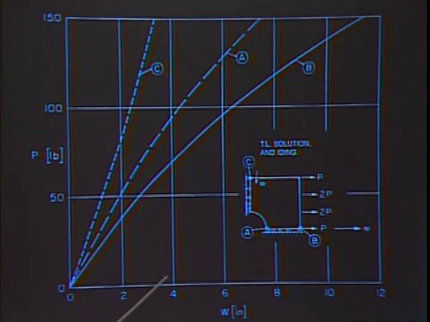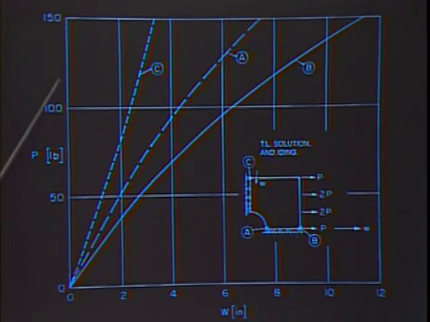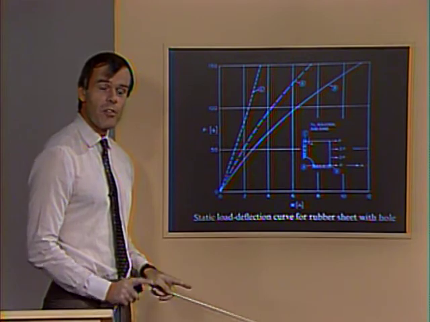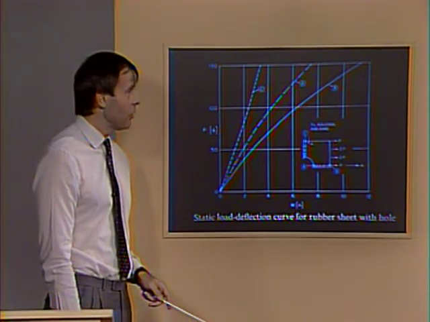Notice the very large displacements, W here, going up to 10, 11 inches for the load applied. Remember, the sheet is a square sheet of 20 inches, so we have very large deformations here.